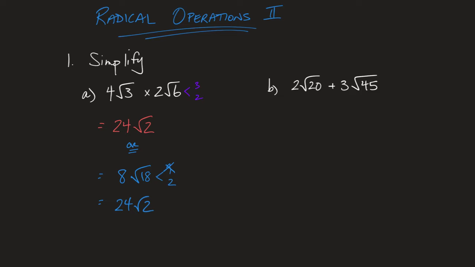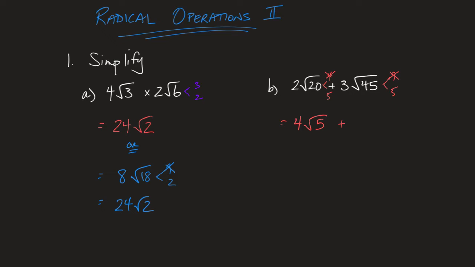Okay, we take a look at B. I'm adding my expressions together. I notice I don't have the same thing underneath the root, so I'm going to try to look and see if I can reduce. Some of us aren't even writing down these factor trees anymore because we can just see the number, or at the very least, we can do that operation in our heads. So if I reduce my first one, I can take the square root of 4, which is 2, multiply that by my 2, I'm left with a 5 underneath.